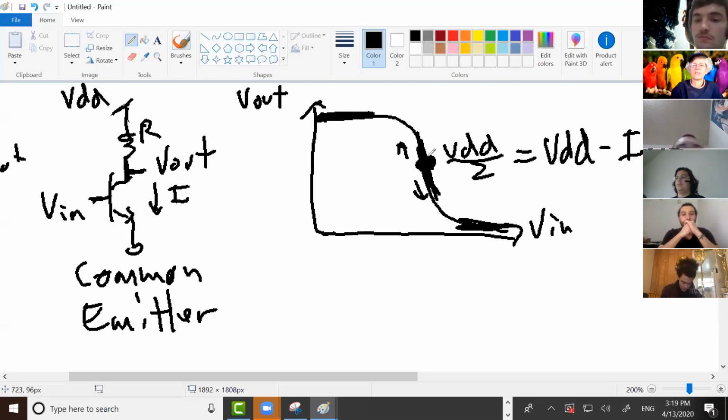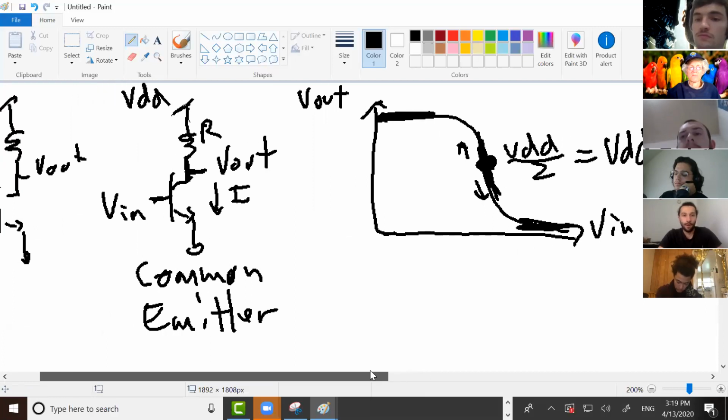Yeah, so if you want it to sit right there, the default, you need a current going through this that subtracts VDD over 2 across the R. Okay, so let's figure out how to set a default current through your amplifier.